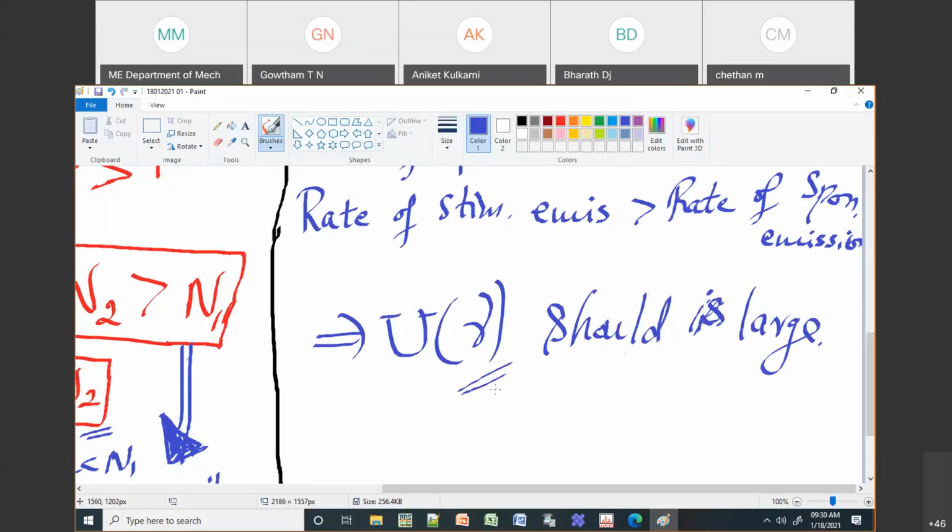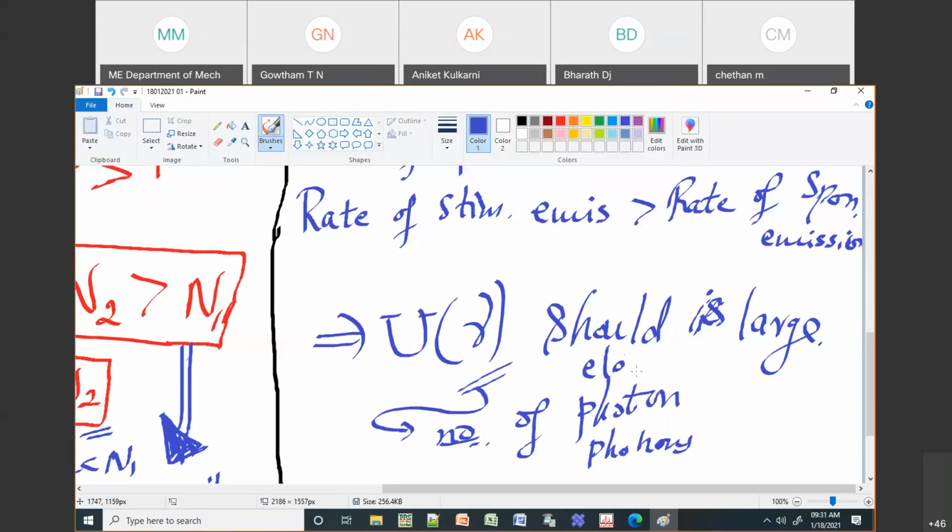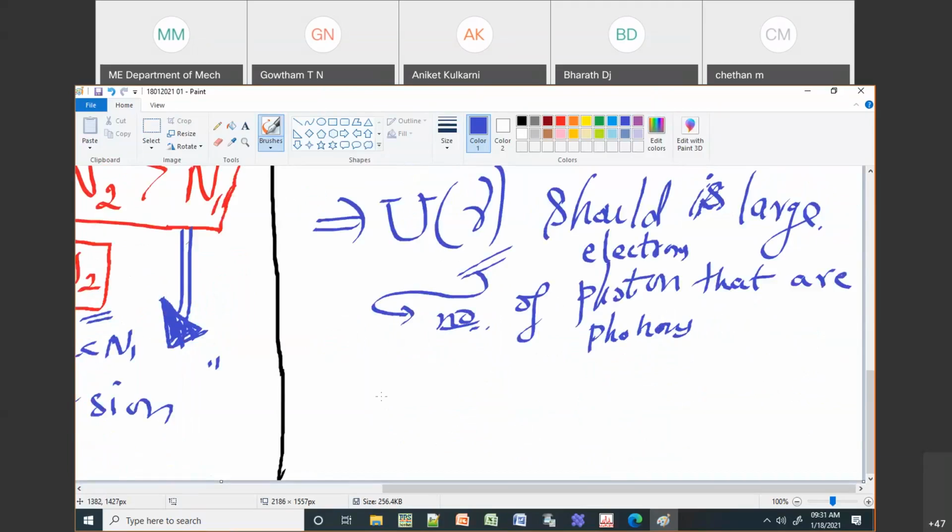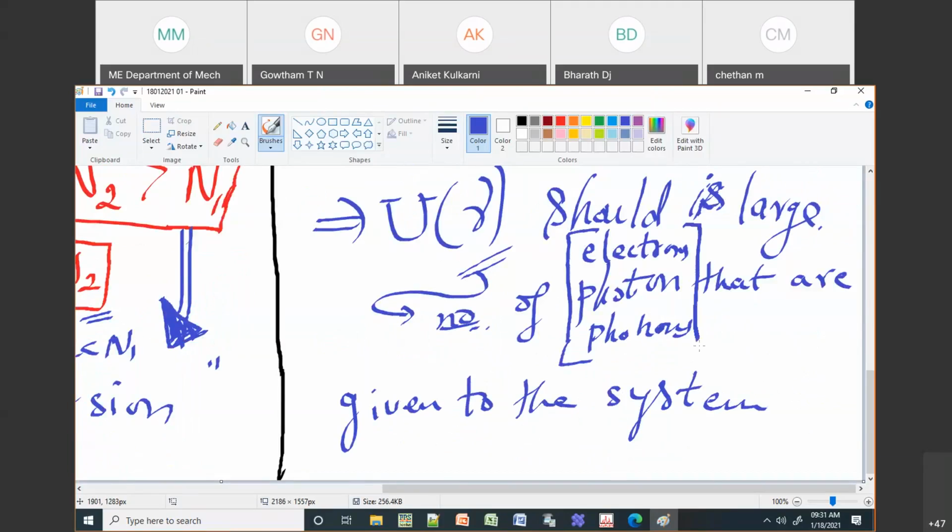This is the number of photons, phonons, or electrons that are given to the system, and it has to be very large.